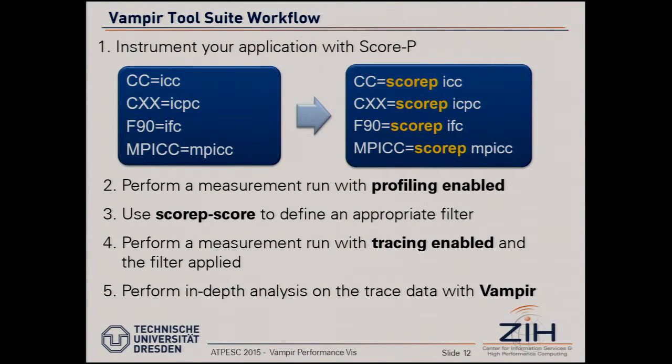And then there's a SCORP score profiler that will generate you an appropriate filter on like the top 10 functions where you spent the most time in. And with this filter, you've used your magnifying glass, you've identified the interesting spots kind of automatically. You can also do this manually if I don't want to study this one source code file, for example, so you can also add manual filters.